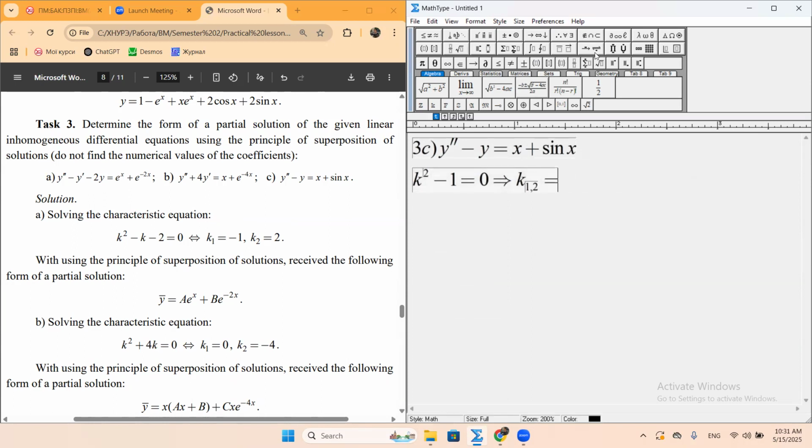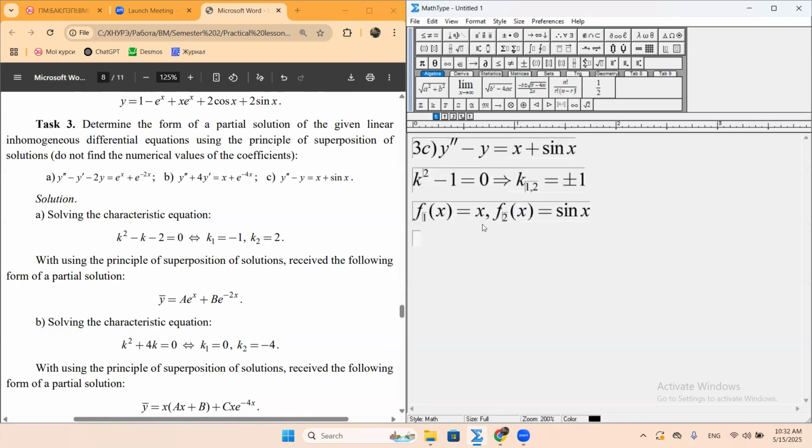So we have two different roots, both of them real. And now looking at the right part: f1 of x equals x, and f2 of x equals the sine of x.